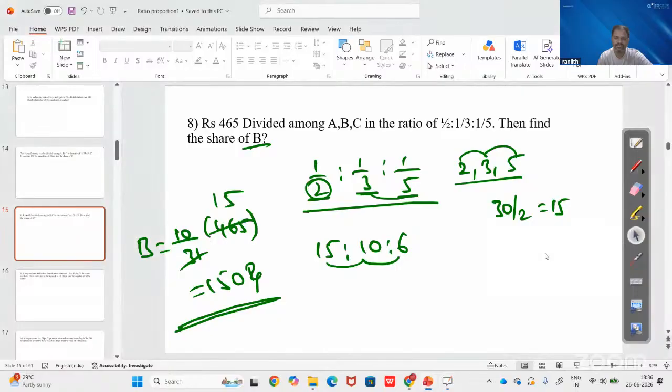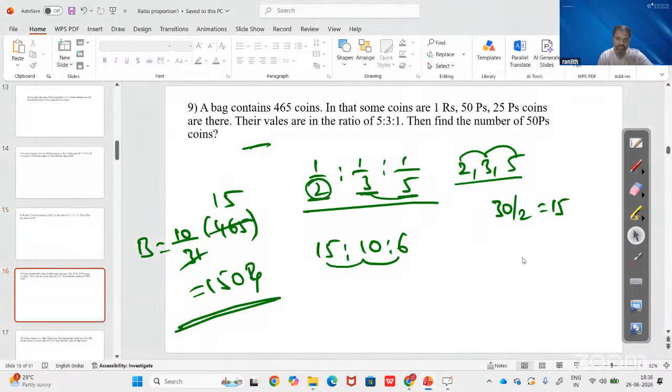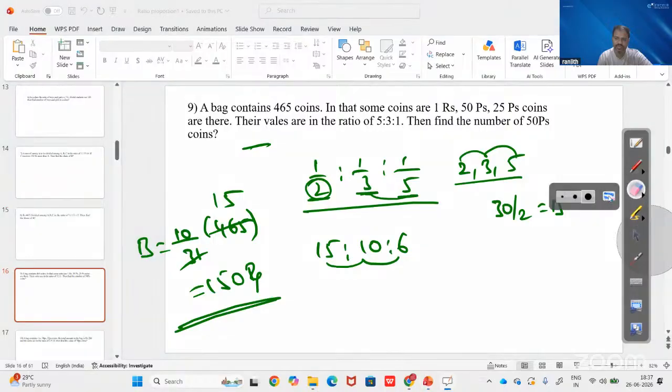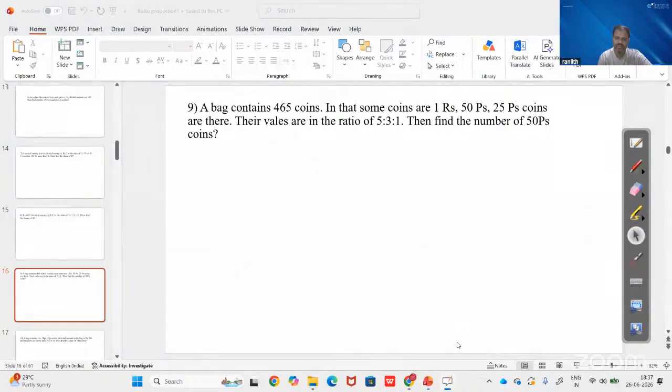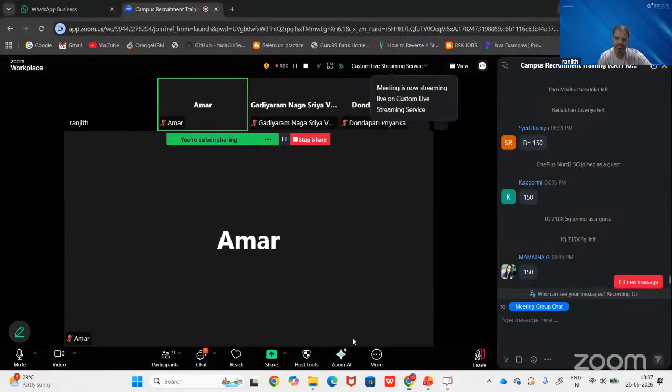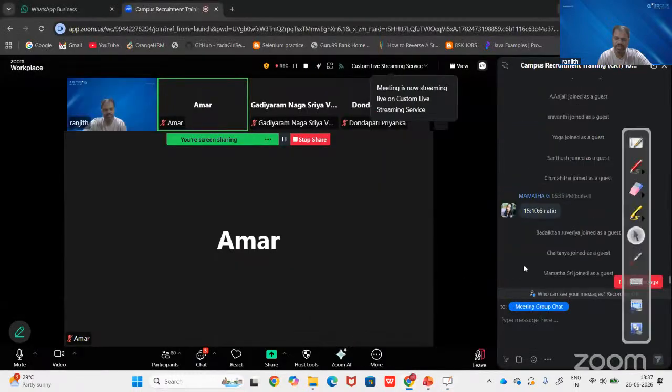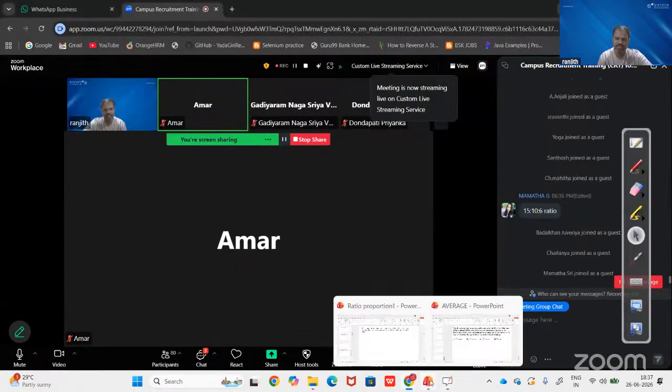Next. Coin problems. Try to solve coin problems. 15 times 6.